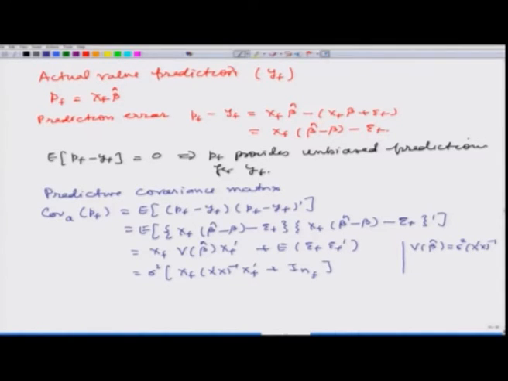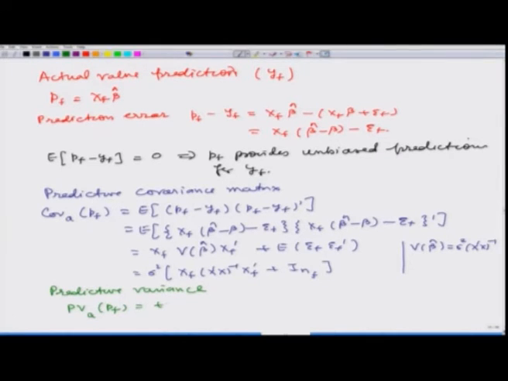Now, using this result, we can find out the predictive variance. We denote it as the predictive variance of PF when it is used for actual value forecasting.